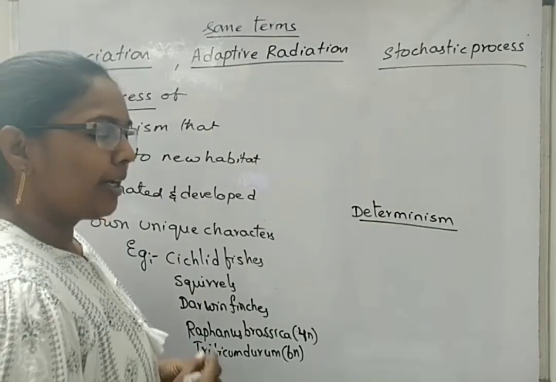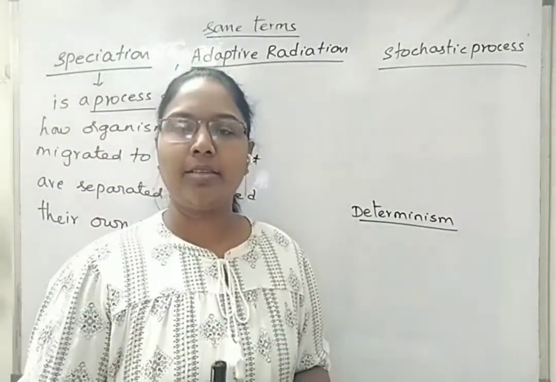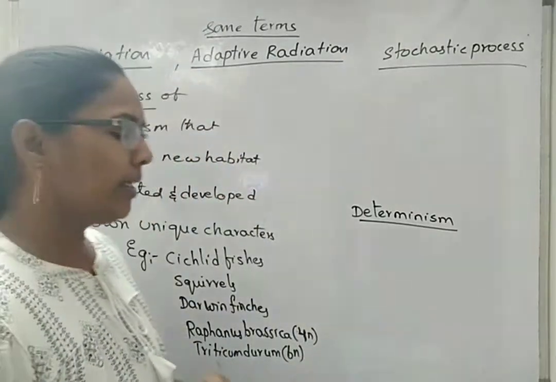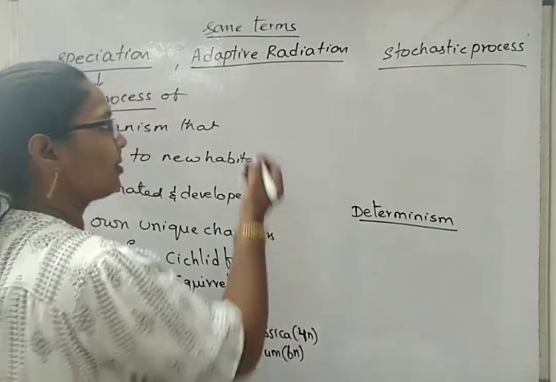Then what is meant by adaptive radiation? Basing on the single point of ancestral characters, organisms have developed many characteristic features.